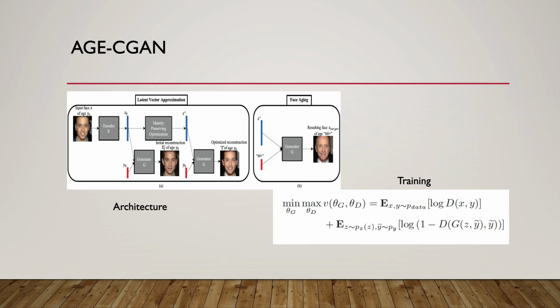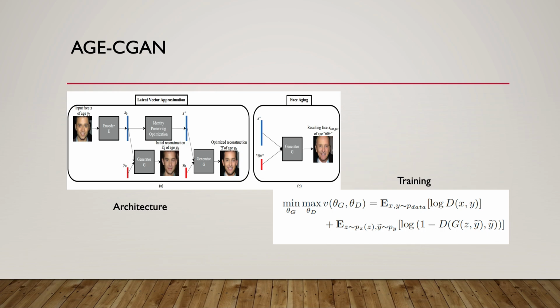The first aging method employed in this work is based on the c-GAN, and the c-GAN is trained as follows. Given an input face image x of age y, we try to find an optimal latent vector z, which allows us to generate a reconstructed face as close as possible to the initial one.